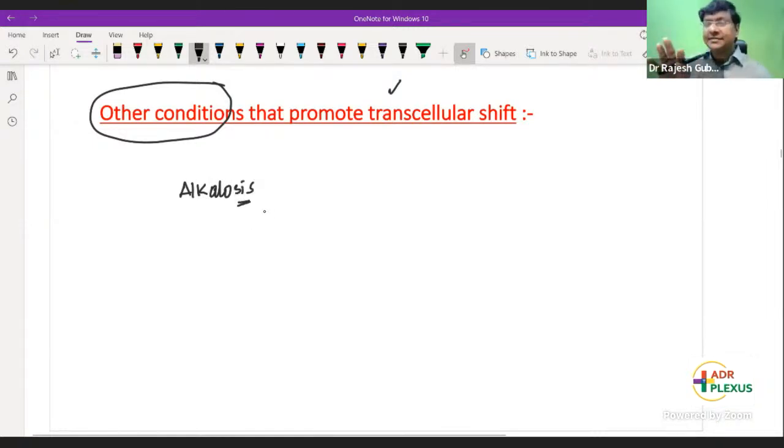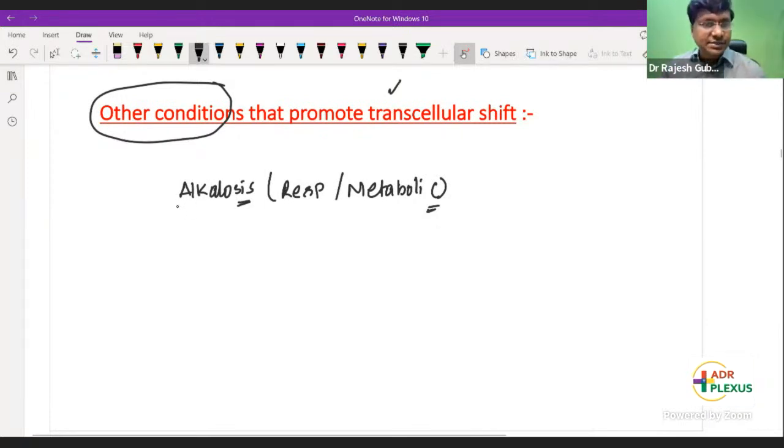Exactly reverse. Acidosis will cause hyperkalemia. Alkalosis will cause the transcellular shift causing the hypokalemia. So it is both, either respiratory or metabolic alkalosis. Okay, and insulin already we have discussed.